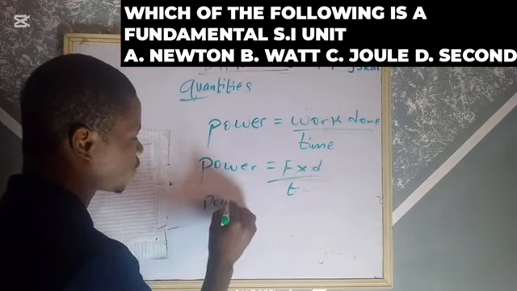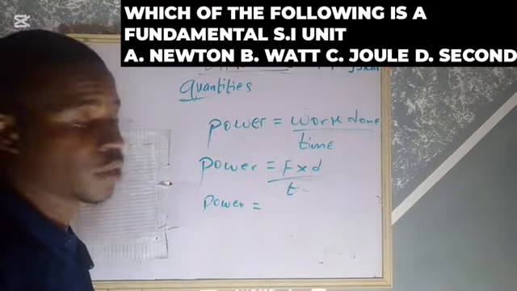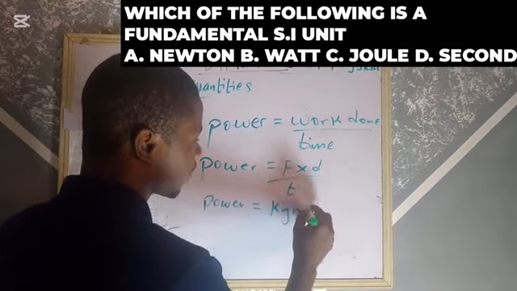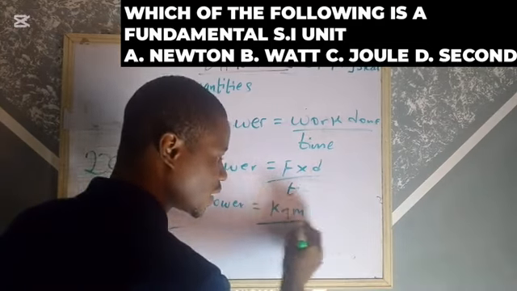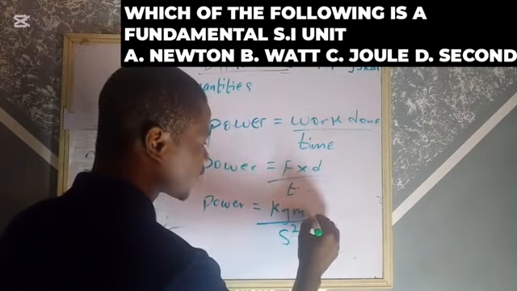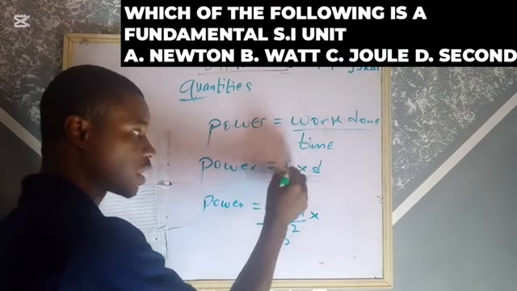Your power is equal to, what's the unit of force? Remember, we just worked out the unit of force, which is kilogram meter per second square. Per means divide, so per second square is divide by second square. Times distance.